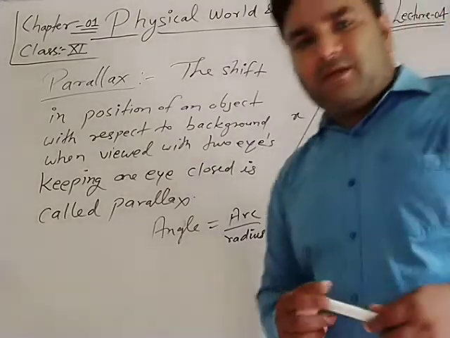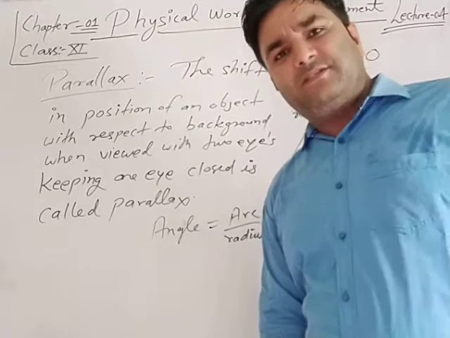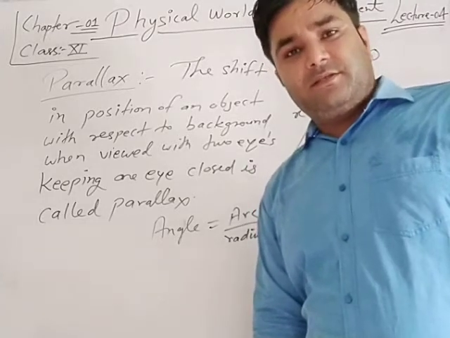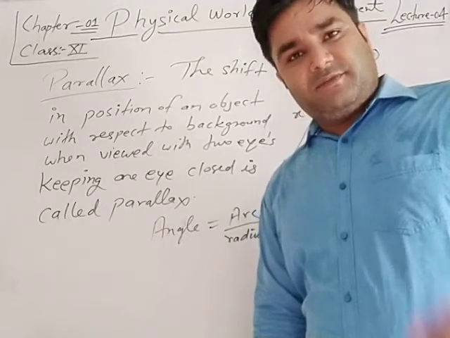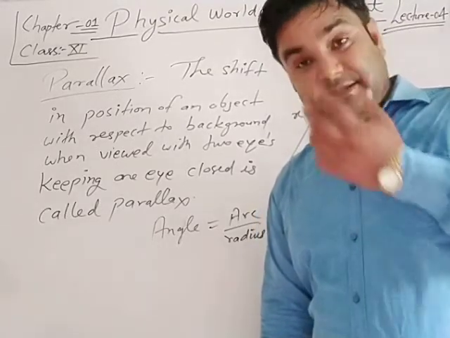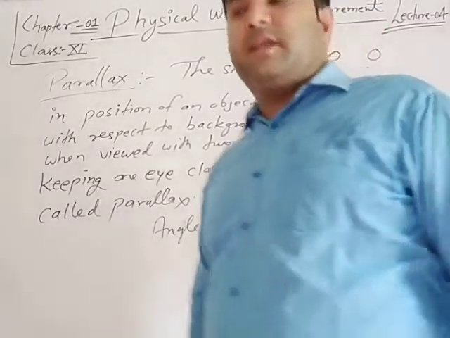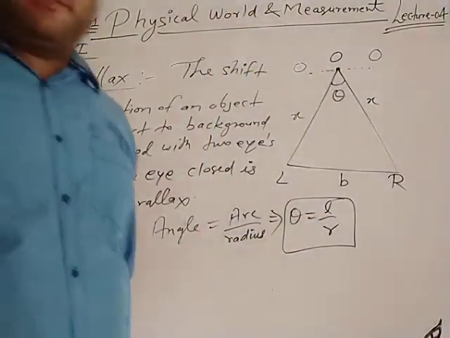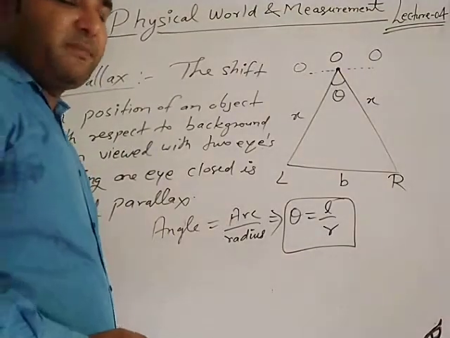And parallax is generally a method to measure larger distances of stars, under the condition that the distance of stars is less than 100 light years. As we discussed earlier, the light year is a distance measuring unit. That's the concept of parallax measurement.